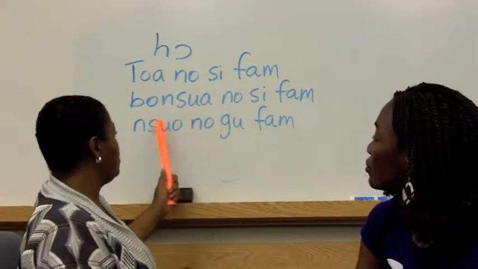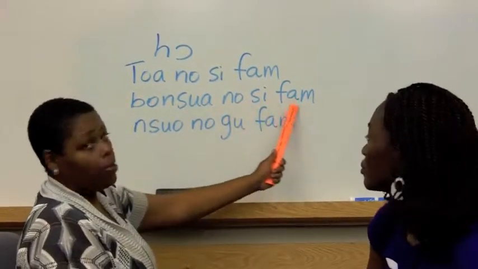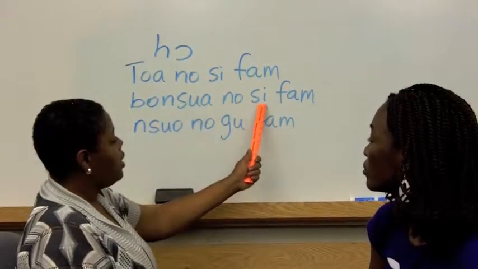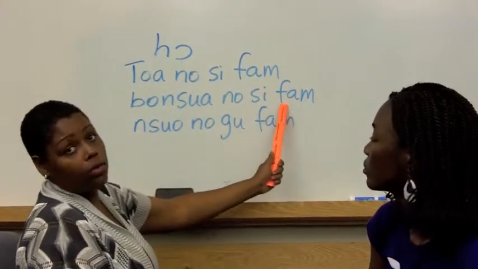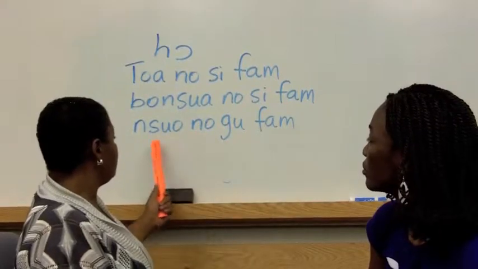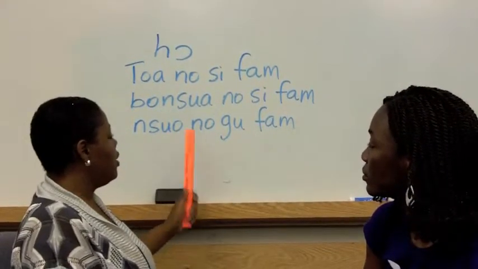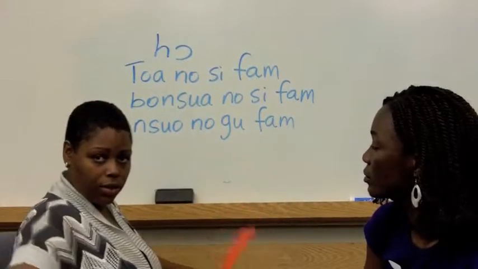Another example would be bonsuya no si fam, which would be the cup is located on its base on the ground. And another one would be nsua no bu fam, which means the water is scattered or spilled on the ground.